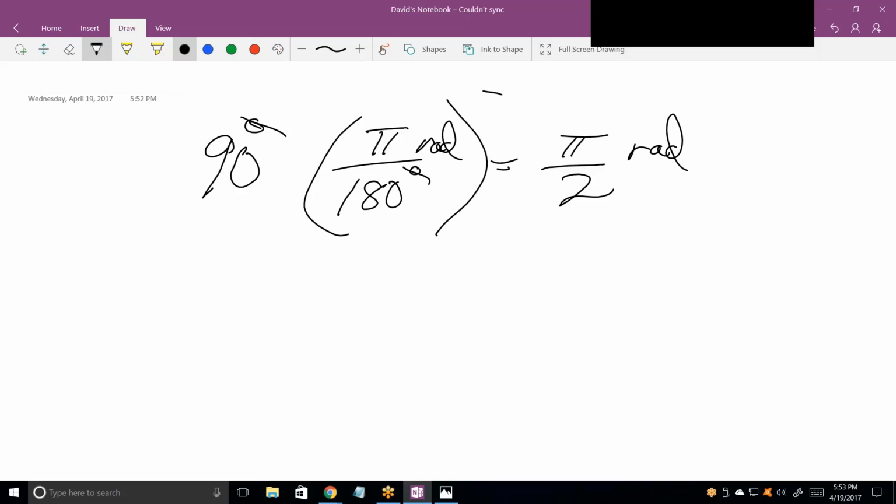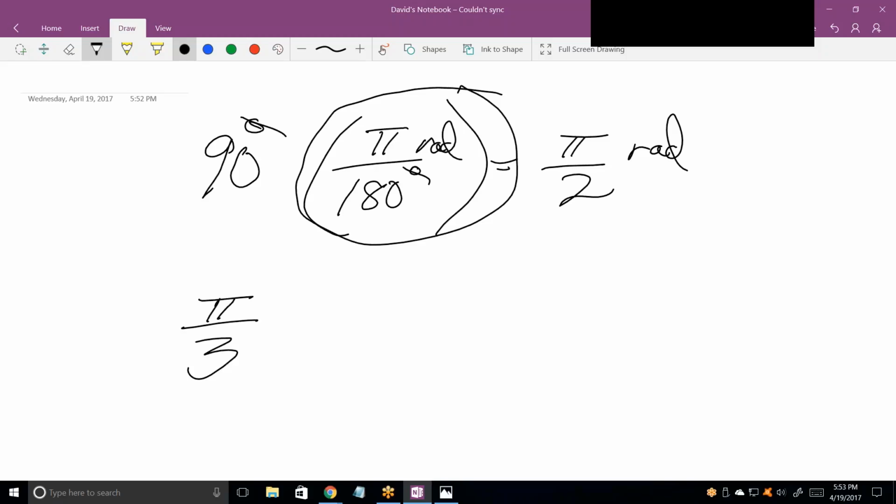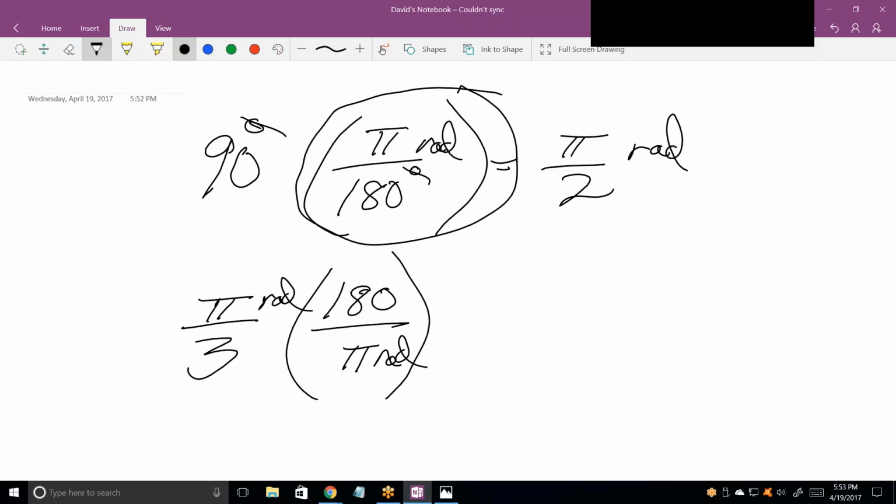So this is a universal conversion factor. I could have used this on my converting pi over 3. We now know that that's 60 degrees, right? But if I did it the book way, this is the way they would do it. I've got to lose the radians. So the way to think about this conversion factor is whatever you're starting with, you're trying to lose.